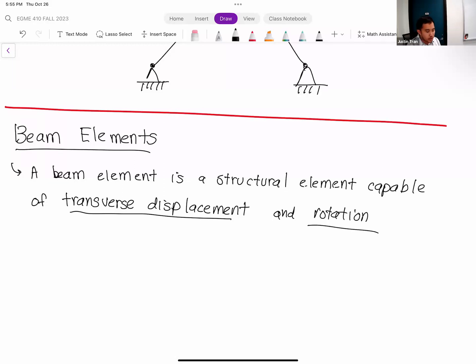In some ways, you can think of them as the opposite of truss elements, because truss elements are only capable of what I call axial deformation, so either extension and compression.